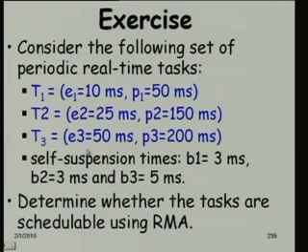So, E1 is 10 millisecond and P1 is 50 millisecond, E2 is 25 and 150, and E3 is 50 and 200 millisecond. And the 3 tasks have different maximum self suspension times. For T1 it is 3 millisecond, for T2 it is 3 millisecond, and for T3 it is 5 millisecond.